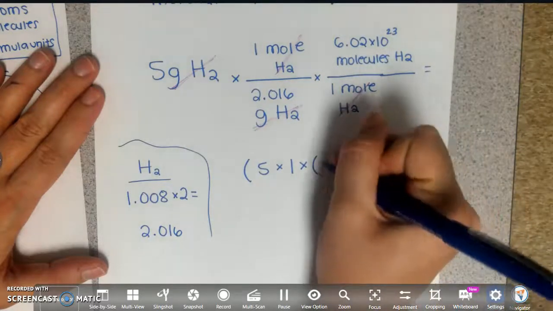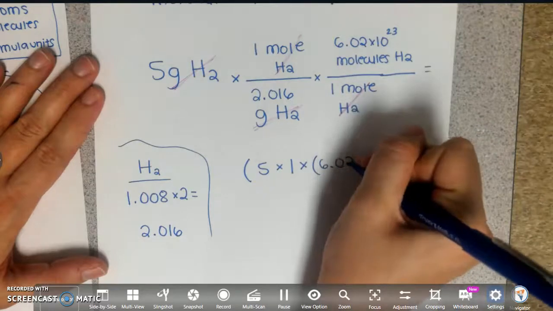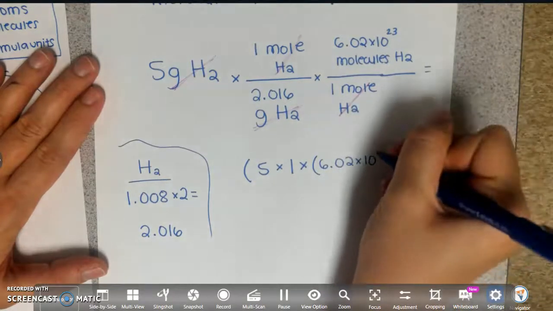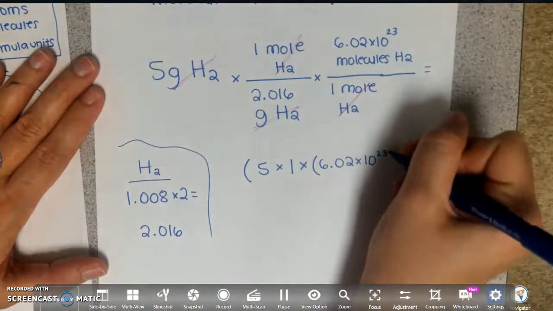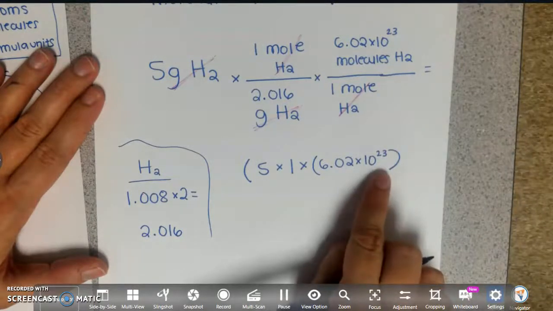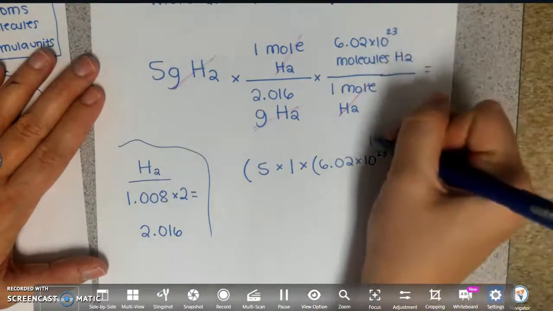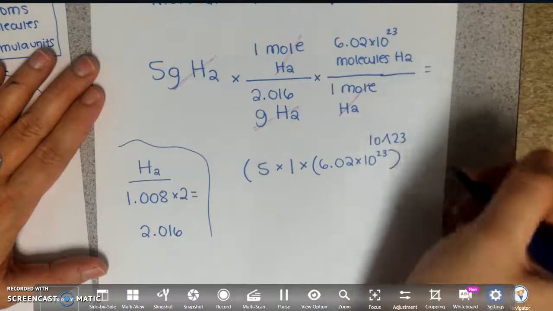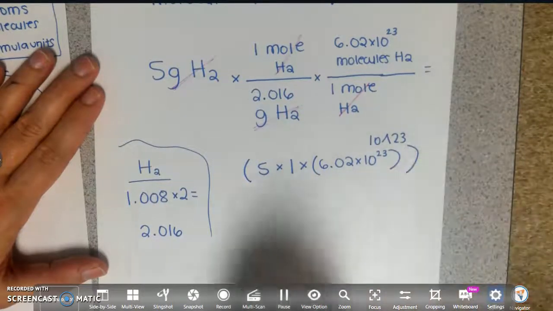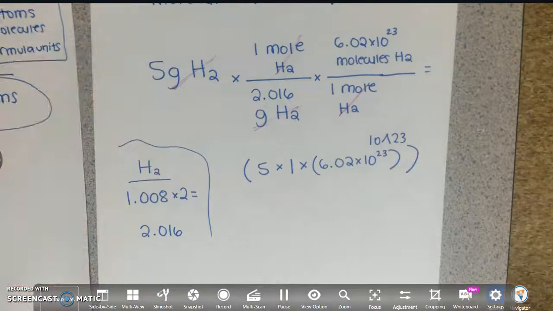So I'm going to do another one. 6.02 times 10 to the 23, and close that. If you don't know how to do an exponent on the calculator, it should be 10 up 23. Then close the parentheses again and hit enter.